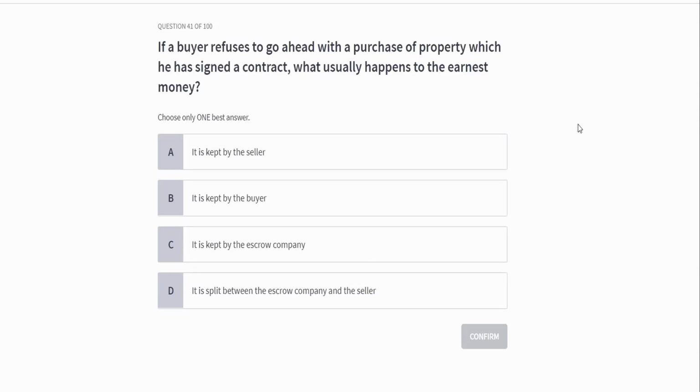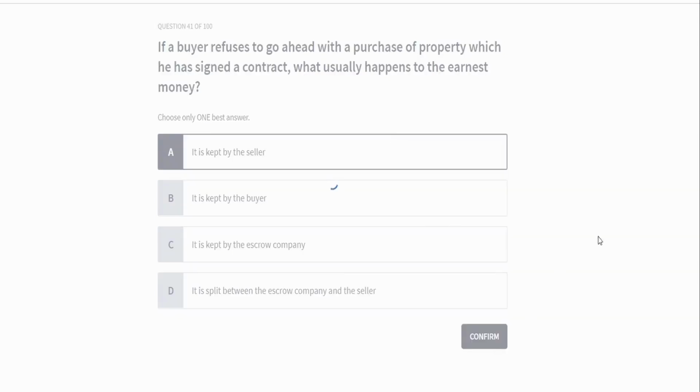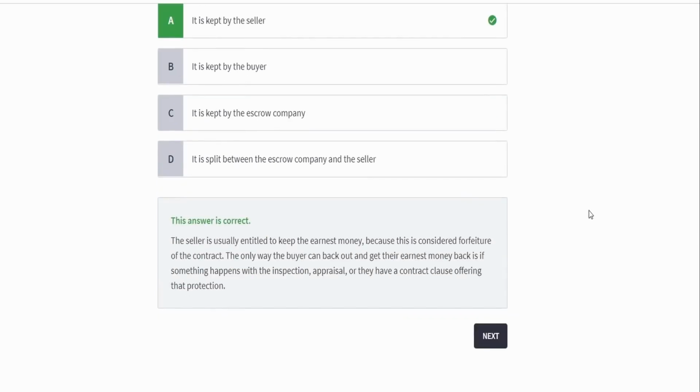Alrighty, so what is our answer on this one? Well, it is going to be A. It is kept by the seller. So why? Well, the seller is usually entitled to keep the earnest money because this is considered forfeiture of the contract. The only way the buyer can back out and get their earnest money back is if something happens with the inspection, appraisal, or they have a contract clause offering that protection.